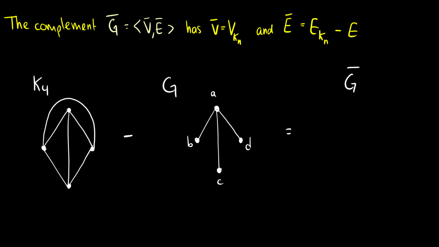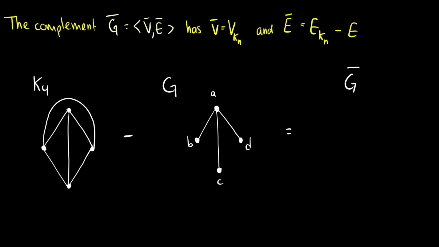A complement is essentially the same vertex set. So if we have the complement, which we'll call G bar, or (V bar, E bar), it means that the vertex set is the same, and the edge set is going to be all the edges in the complete graph minus the edges in the original graph G. So for instance, here's K4.